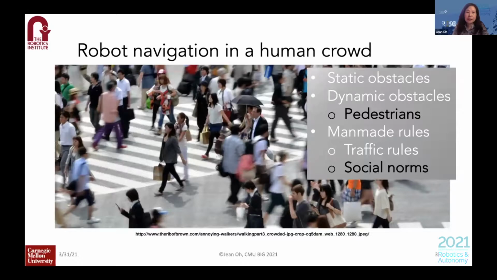So today's topic is navigation in dynamic environments, but more focused on how to make the robot navigate in a human populated environment. We will focus on pedestrians, which are one type of dynamic obstacle, and on how to make the robot choose actions that are socially compliant.